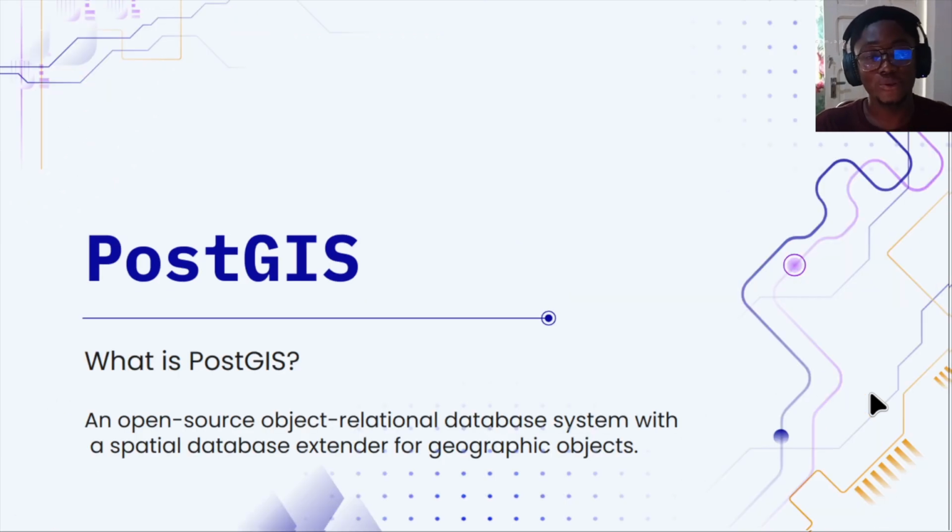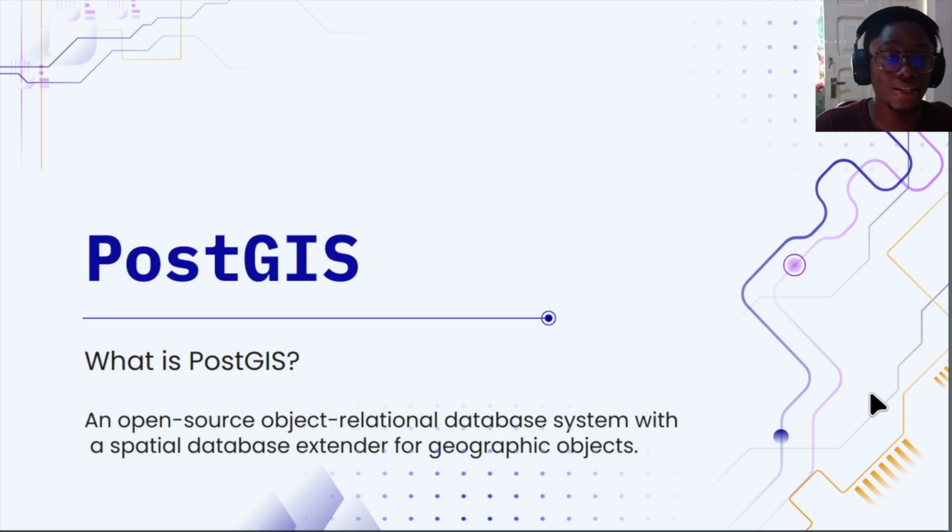So what is PostGIS? Well, PostGIS is a spatial database extender for PostgreSQL. It's essentially an extension of PostgreSQL, turning it into a spatial database that allows us to store, retrieve, and analyze geographic data. So it is powerful for applications needing location-based services like mapping, routing, visualization, or any type of spatial data analysis.